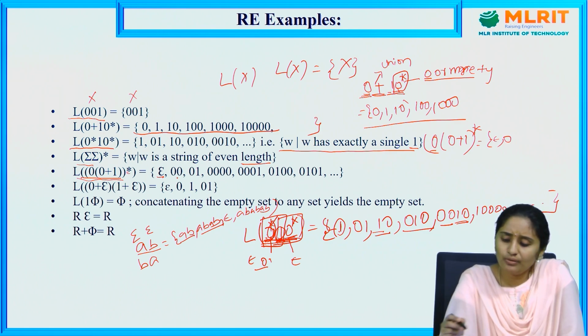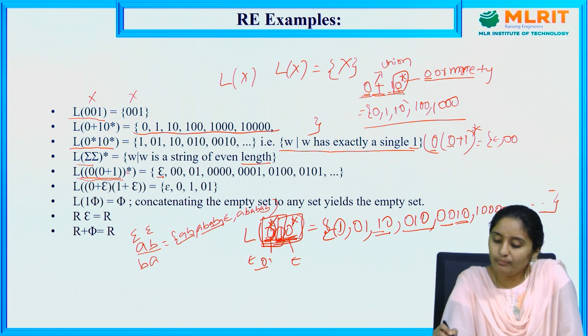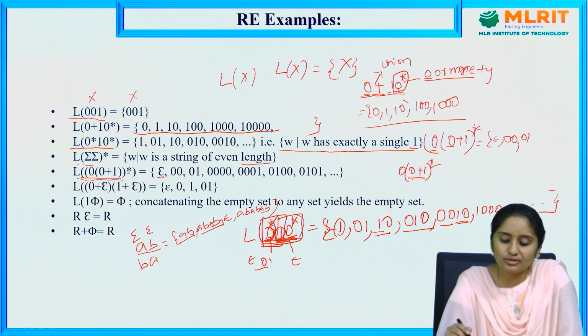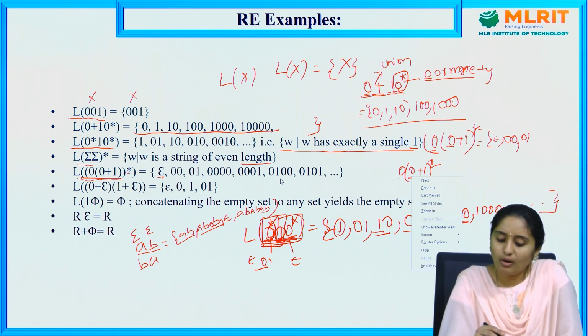The next 0 I read is 0, then 0 plus 1 one time, that is 0 0, since 0 plus 1 is either 0 or 1. So I am reading here 0 0, and the next time 0 1 0 1. Next I have 2 times, nothing but 2 times zeros, or 1 time. So this is the combination. Okay, so this is the set.